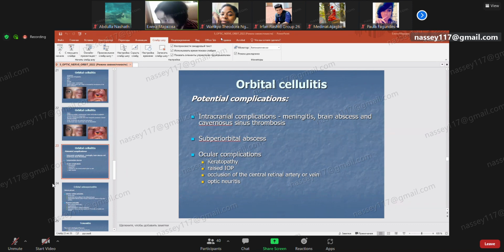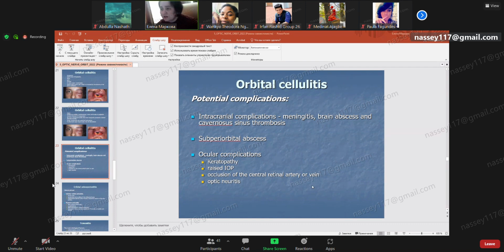Osmotherapy, which is dehydration. For this aim, we can use different diuretics, or for example, 40% glucose solution. And finally, we can administer vitamins, such as vitamins of group A, B, and C.